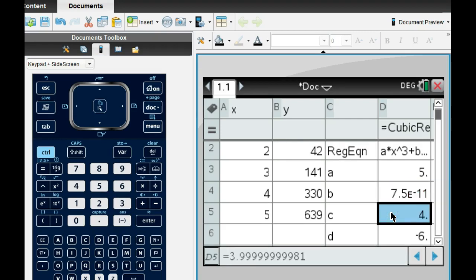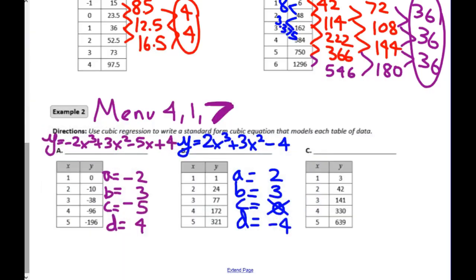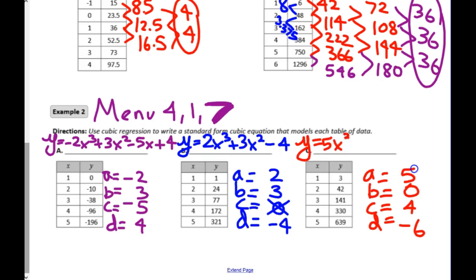And then D is negative 6. 5, 0, 4, negative 6. Now, you don't always have to write it down like this, A, B, C, D equals. I'm just doing that for this time, right? So y equals 5x cubed. No x squared, right? Plus 4x minus 6.